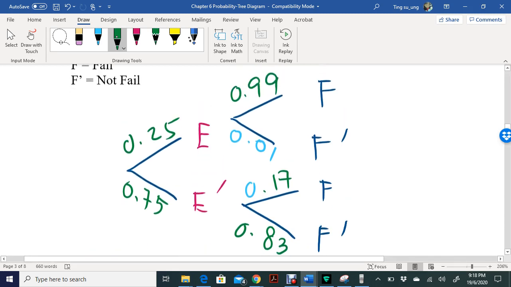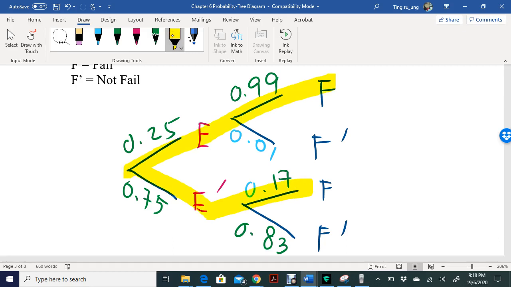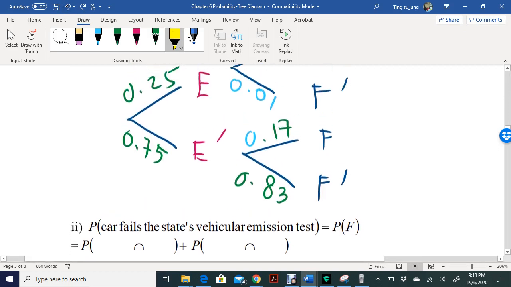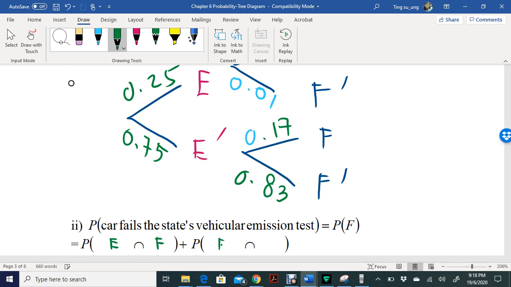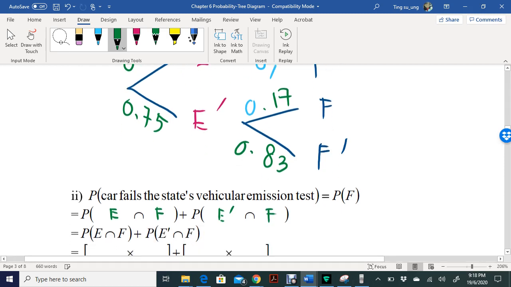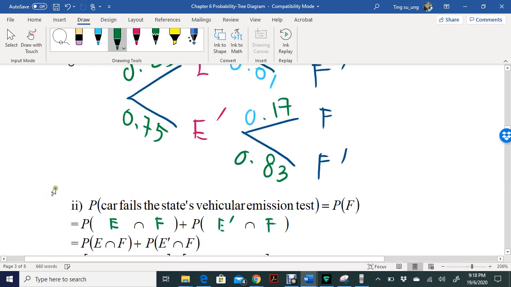As usual, you have two combinations here, right? E and F, E prime and F. So you will have E and F, then after that, E prime and F. Maybe I just delete this part.